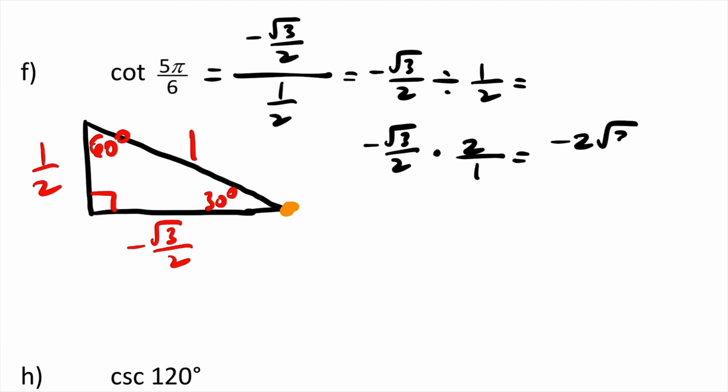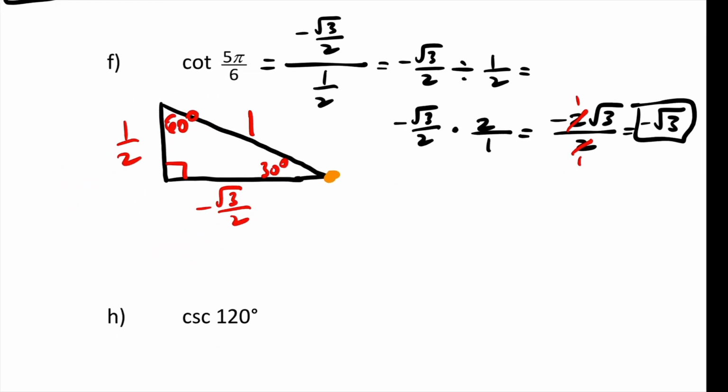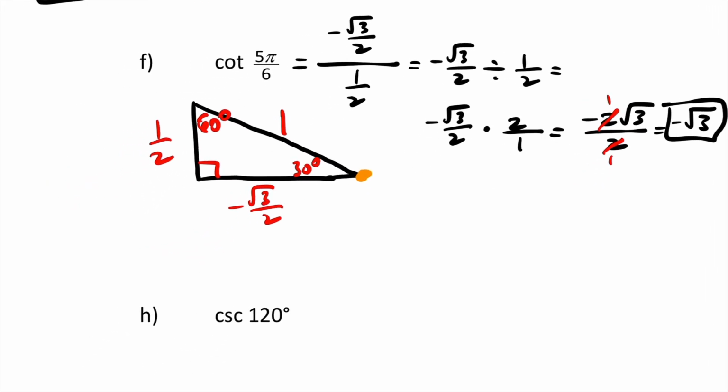I get negative 2 root 3 over regular 2. The 2's are going to cancel out like they did earlier to be 1's. So this time you're going to have a negative root 3. I think we had one that was very similar to that earlier. It was positive, right? Yep. A lot of these, as you do more of these, you're going to start to see, oh yeah, that looks familiar. Look for patterns. Look for things you've already done. If you've already done stuff, don't do it again.